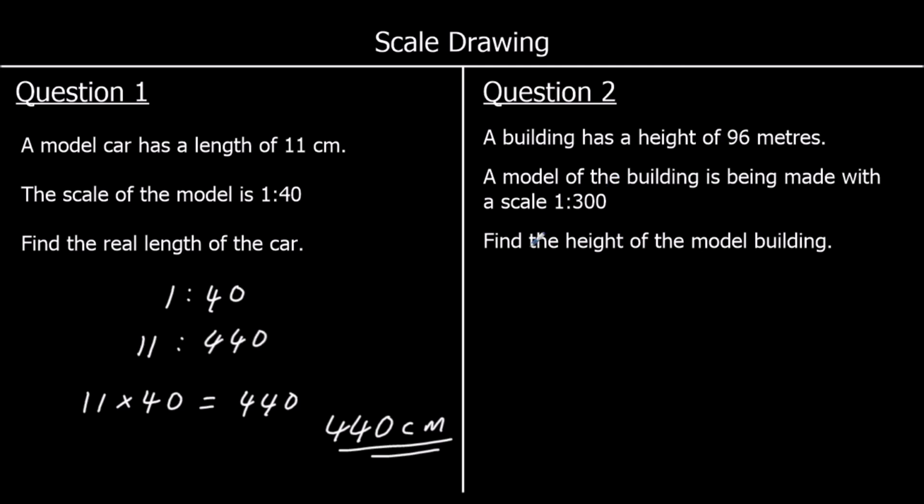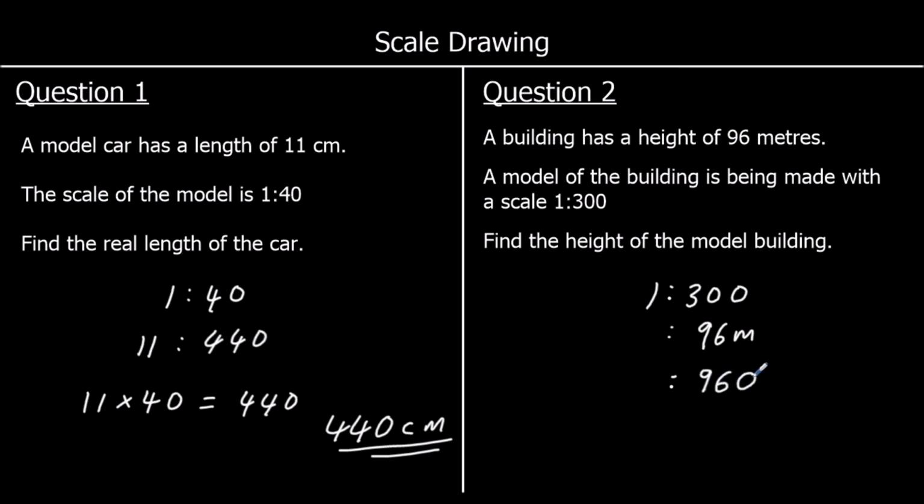So it's going to be 300 times smaller. Find the height of the model building. So the first thing I'm going to do, 1 to 300, and it's 96 meters in real life. I'm going to change that into centimeters. So every meter is 100 centimeters.